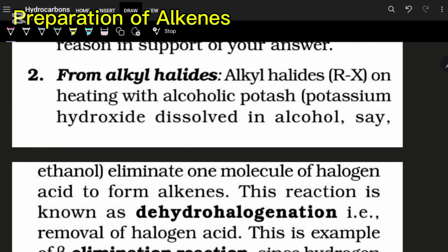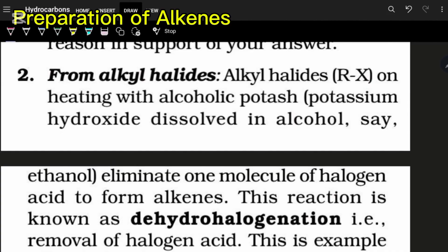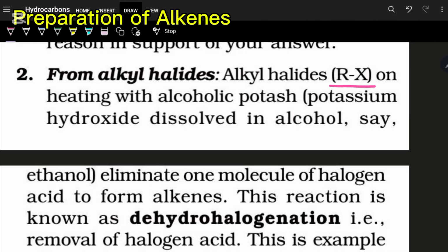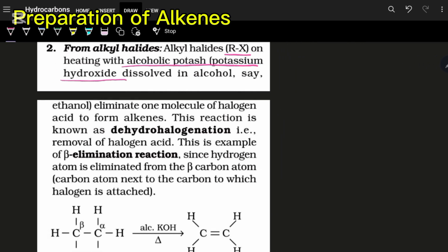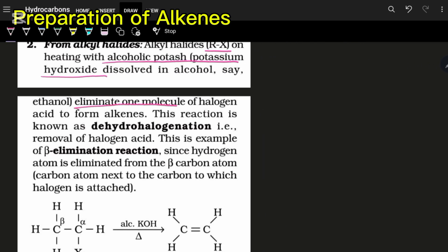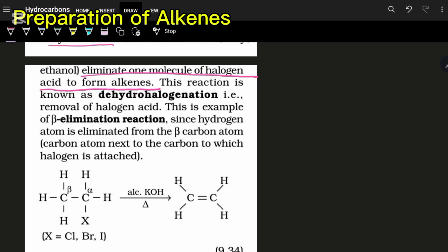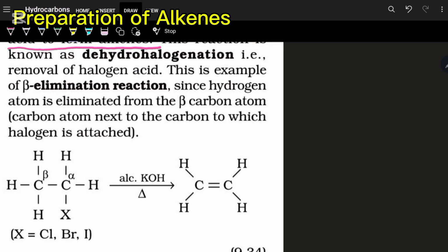Next, from alkyl halide. What is alkyl halide? It is RX. On heating with alcoholic KOH or NaOH, it eliminates one molecule of halogen acid to form alkenes. It means it is actually a dehydrohalogenation reaction.